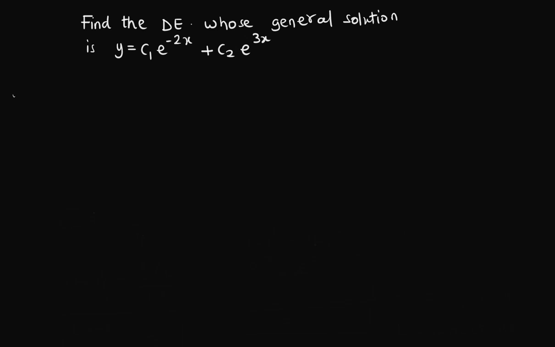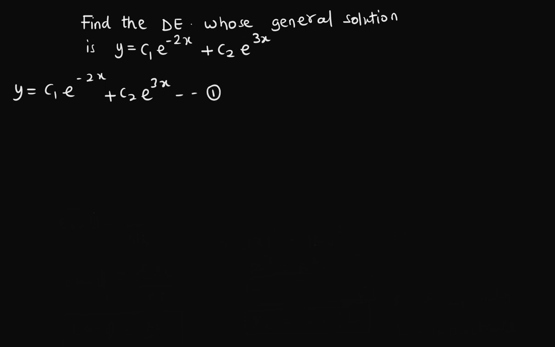So I'm going to have y equal to c1 e to the power minus 2x plus c2 e to the power 3x, and I'm going to name this equation 1.